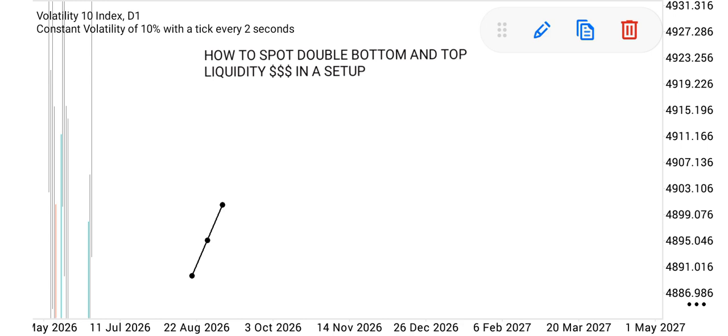When the market is in an uptrend, when the market is pushing up, one of the things you see in that kind of market is a double bottom liquidity, while in a downtrend you see a double top liquidity. So let's dive into it and understand how it works.